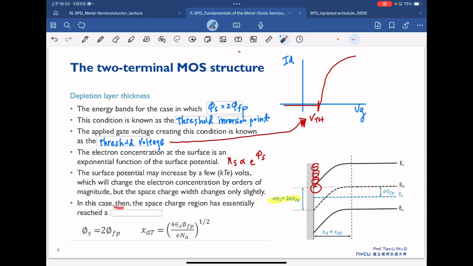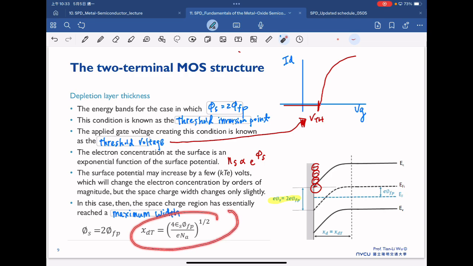In this case, the space charge region has essentially reached a maximum width, as shown here.